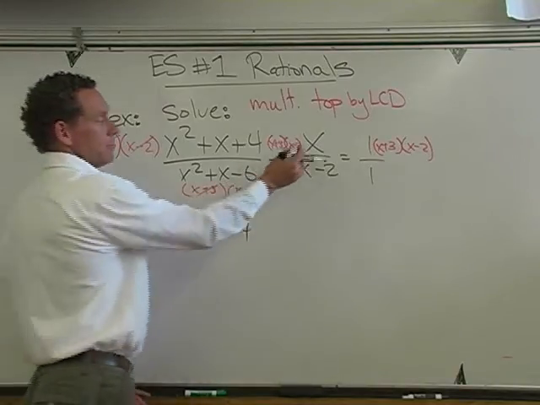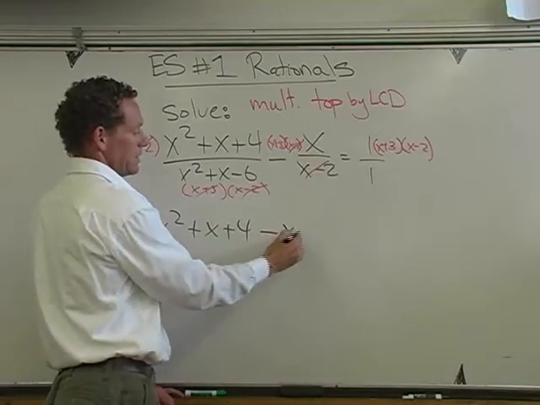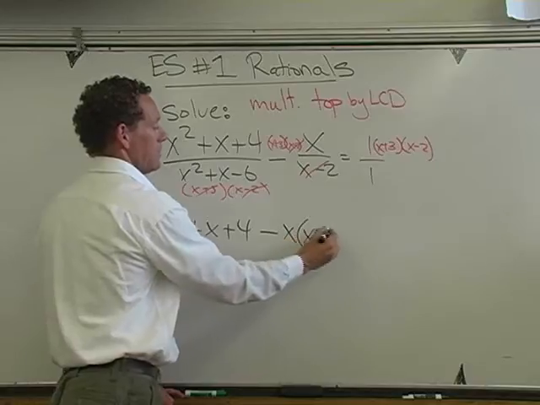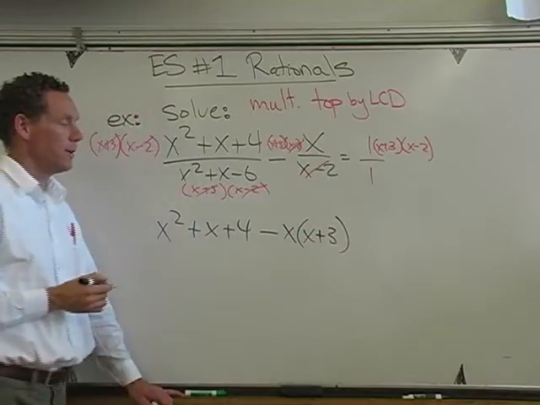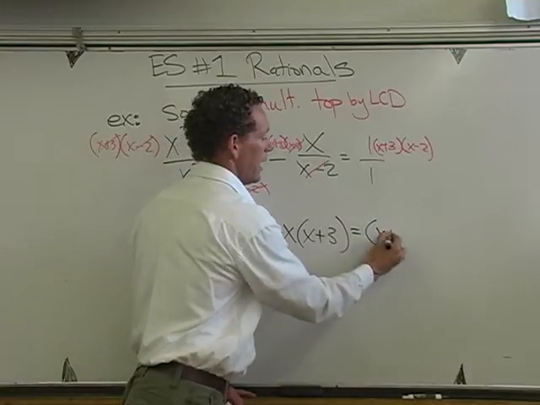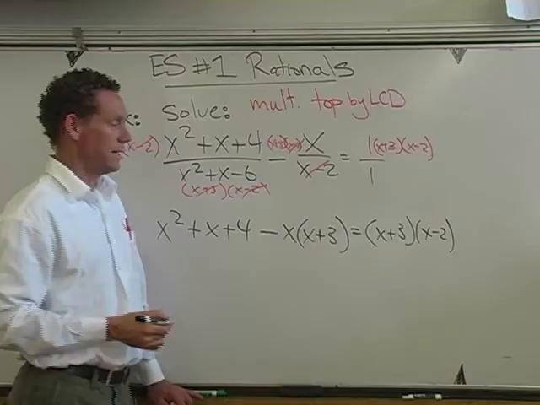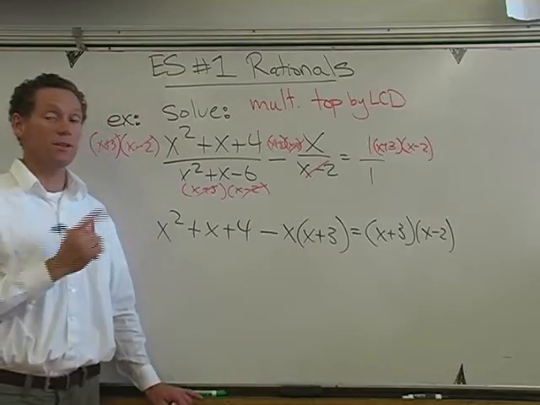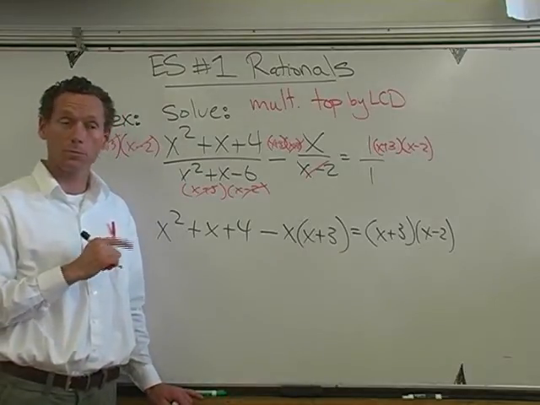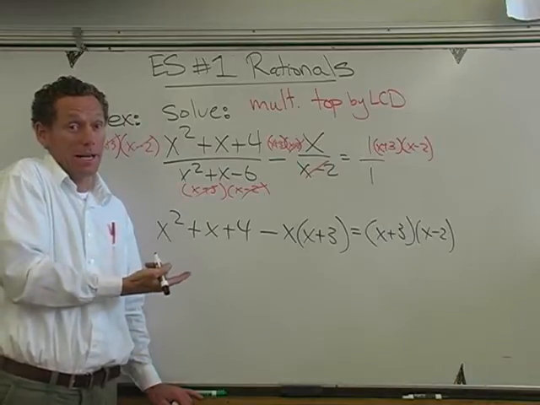From the middle term, the x minus 2's cancel, and we have minus x times x plus 3. And on the right, we have our LCD, because we just multiplied it by 1. There's nothing left to cancel. So what we did in that step is we got rid of the denominators.